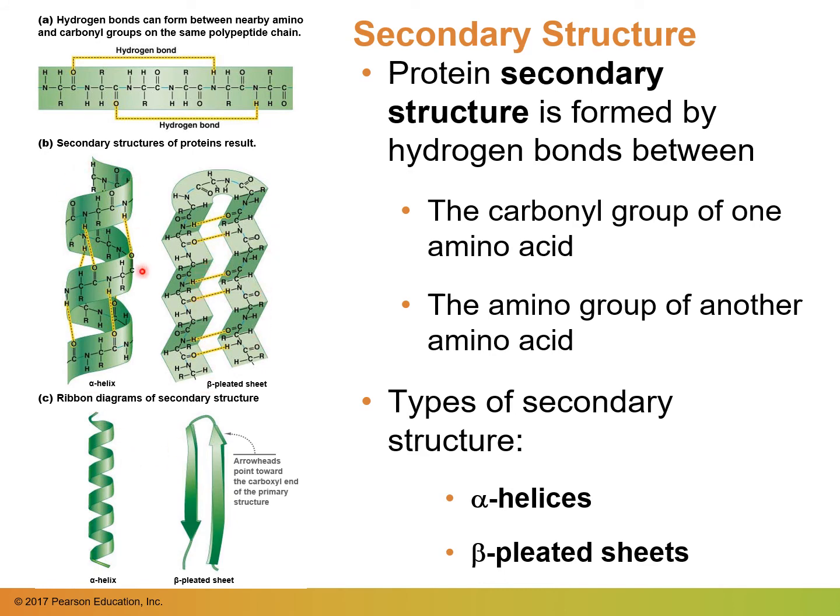This is what the secondary structures would look like with the hydrogen bonds, but they're often depicted in this kind of view. This is what an alpha helix would look like in diagrams, and this is what beta sheets look like. When you see these two structures, know that this is what they're representing. Again, this would be the primary structure here, and because we have hydrogen bonding, it forms into the secondary structure.